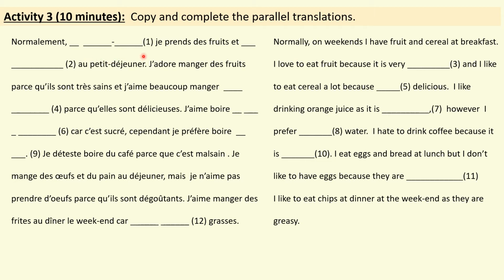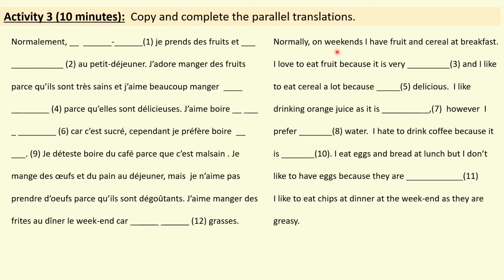So how do we say weekends in French? Well done if you said le, L-E, week, and then end there. Okay, the second one you're going to look, je prends des fruits et blanc. So I have fruit and cereal.